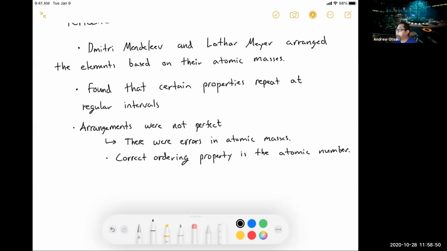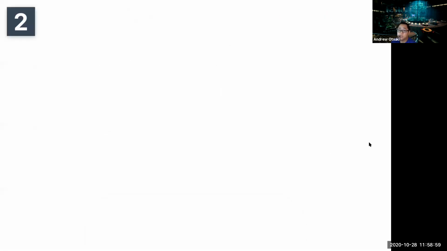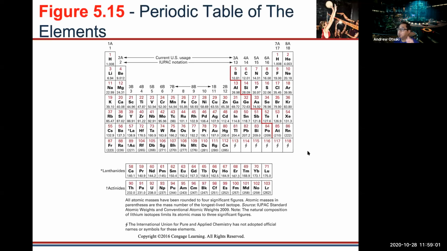Okay, so let's look at a picture of the periodic table. I'm going to share screen again. So here we have a picture of the periodic table of the elements. The periodic table you'll be given is kind of similar to this. I actually like this one a lot more. I may actually use this one.